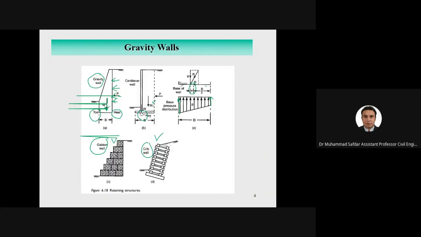As we see here, there are vertical forces and horizontal forces acting onto the retaining wall. So here we will sum up all the vertical forces and the horizontal forces, and we will check the stability of these gravity walls.